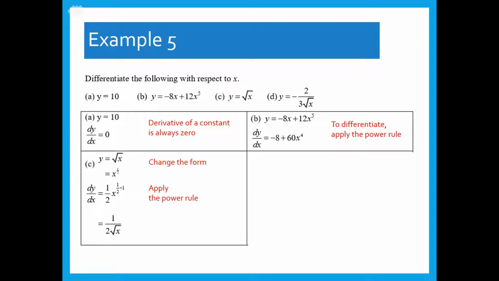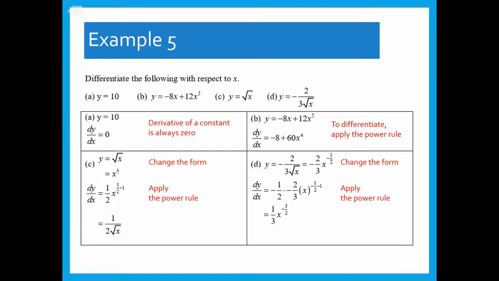You will get 1 over 2 square root x as the answer for dy over dx. For d, you also need to change the y to power form first, then apply the power rule. You should get 1 over 3 x to the power of negative 3 over 2 as the answer.